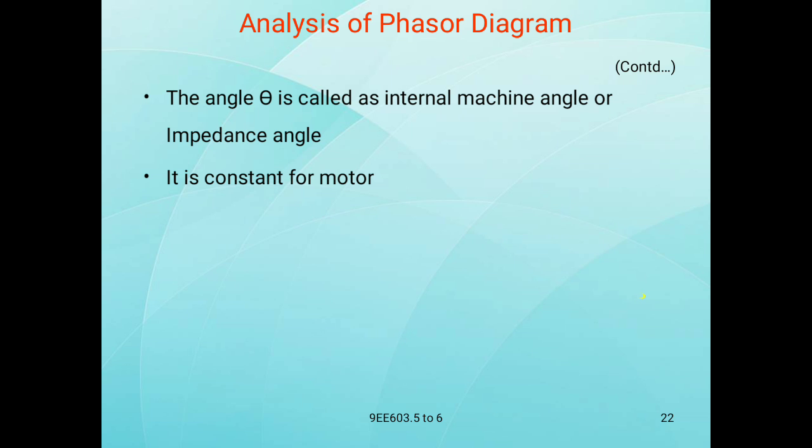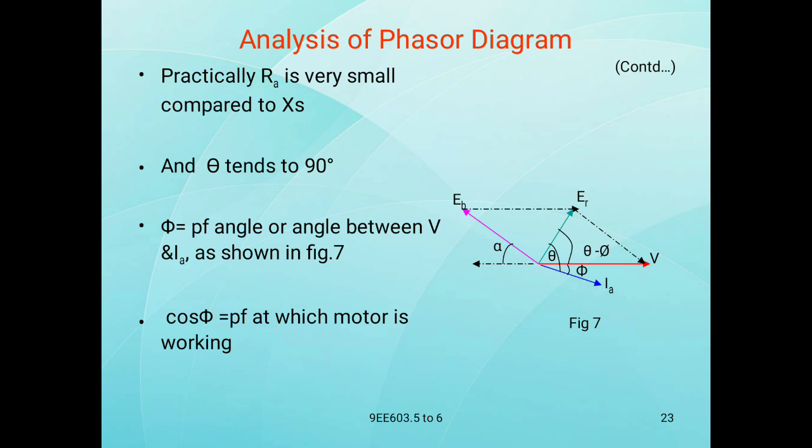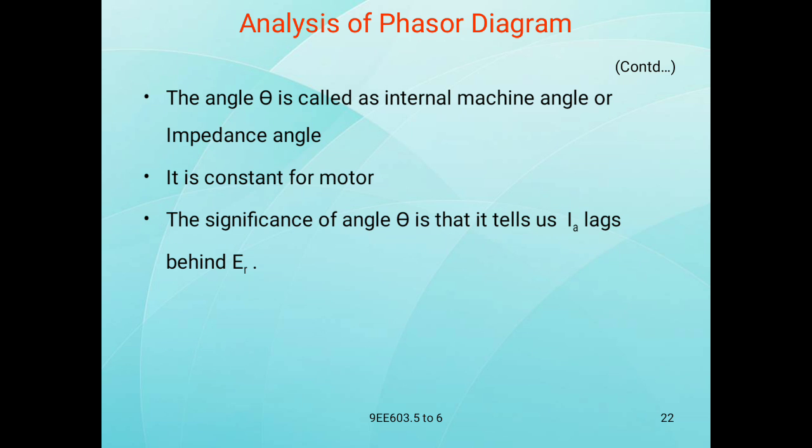It depends on the XS and RA parameters. The significance of angle theta is that it tells us IA lags behind ER.